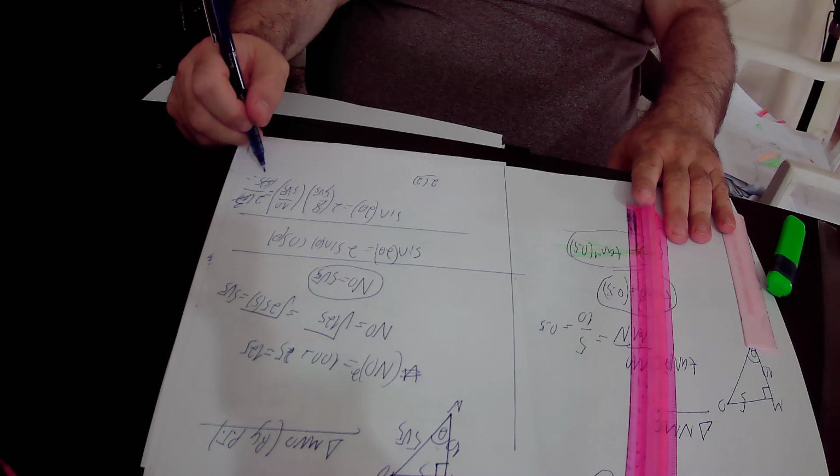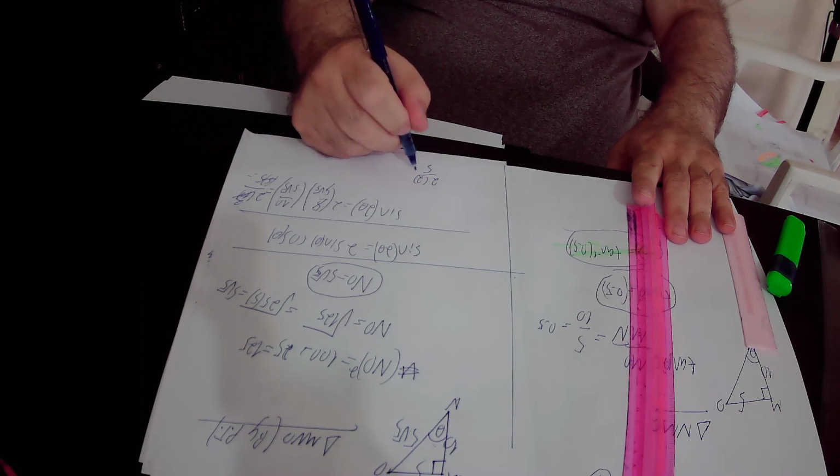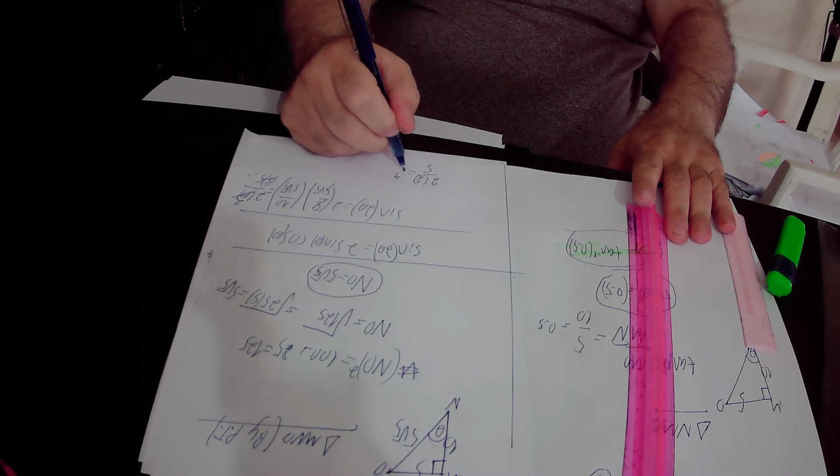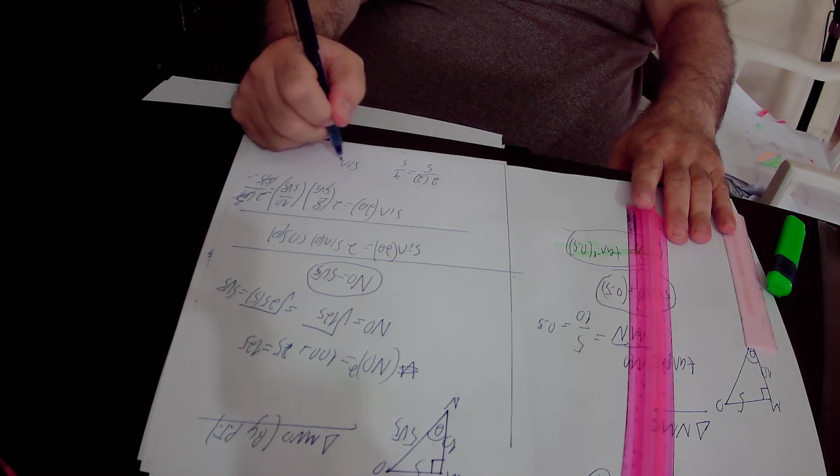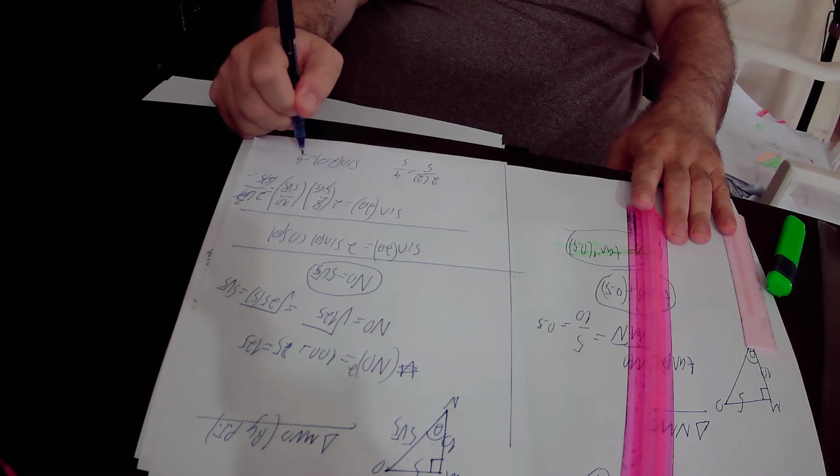And in the denominator what is left is only 5. 2 times 2 is 4, and in the denominator we have 5, so in conclusion we found out that sine 2 theta equals 4/5.